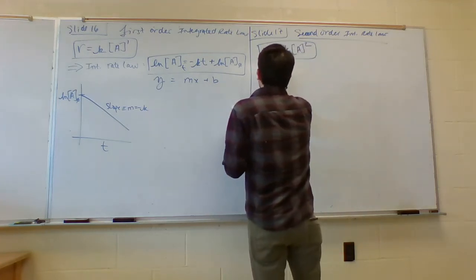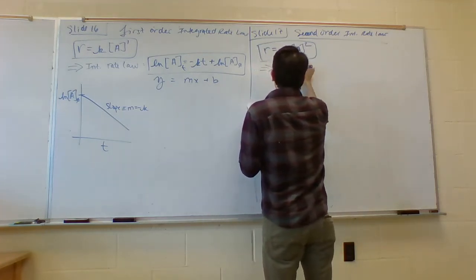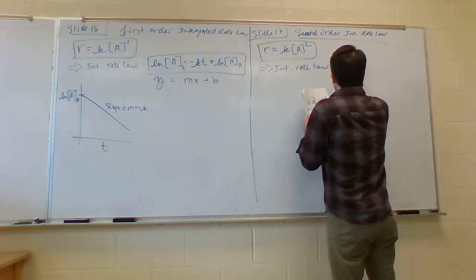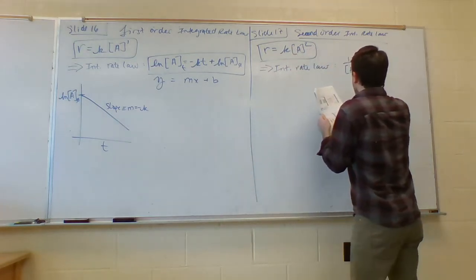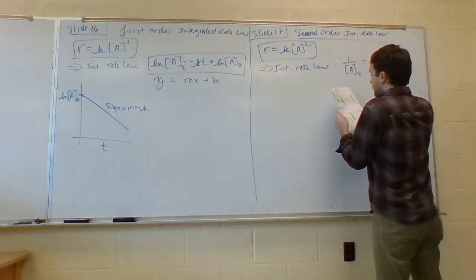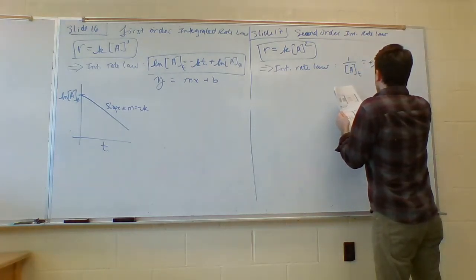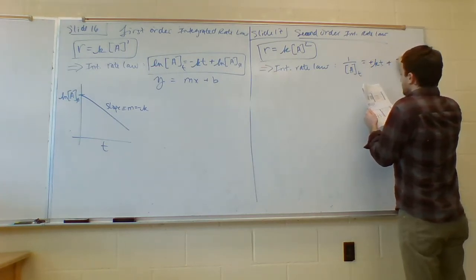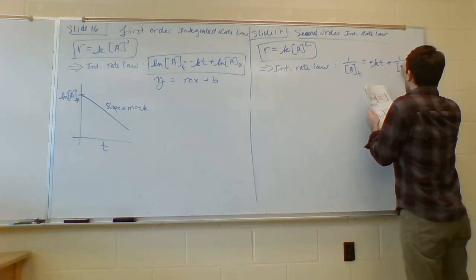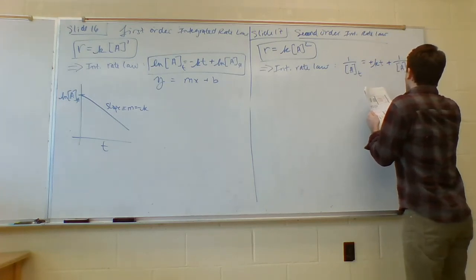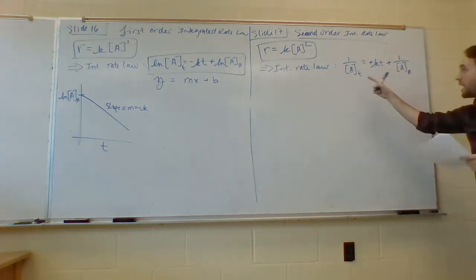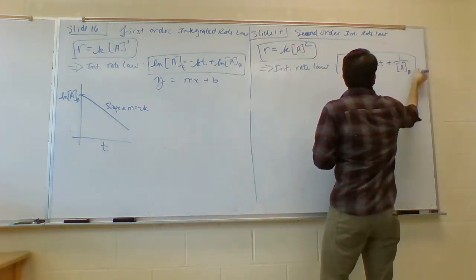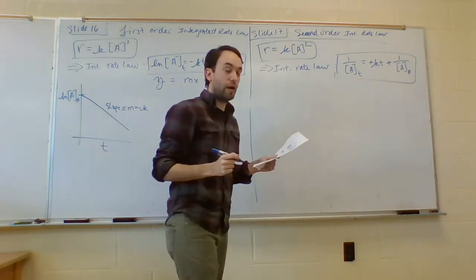That's going to give us our integrated rate law of 1 over our concentration of A at time t is equal to positive kt plus 1 over our concentration of A at the beginning. Again, A is just the species that we're looking at. So that would be your second order integrated rate law.